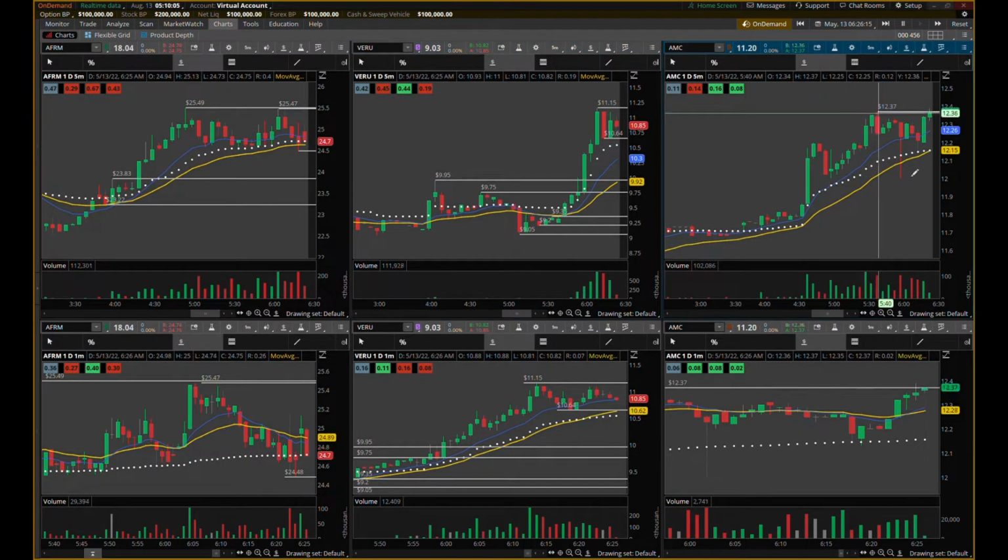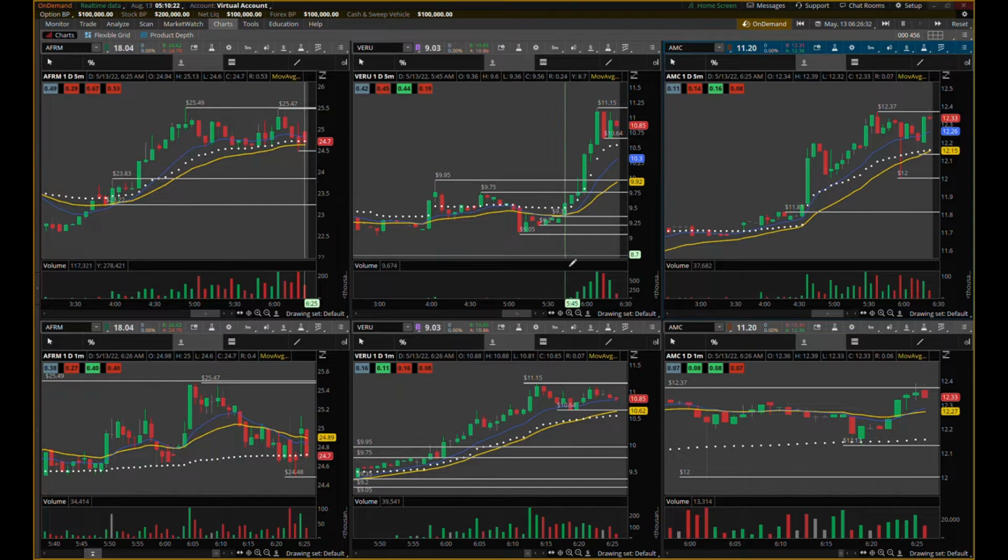Testing that resistance there. Got a support there and one here. And I probably won't even trade this if it comes down into these areas, but I like to keep the stocks above VWAP, above the EMAs, for more successful trading.